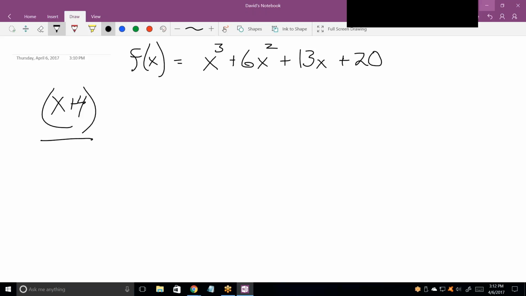And we expect three factors from a cubic. You cannot have more. You cannot have four factors from a cubic. The most zeros you can have is the degree of the polynomial. So a quadratic has at most 2 zeros, a cubic has at most 3 zeros.